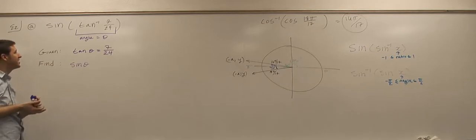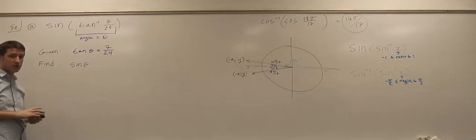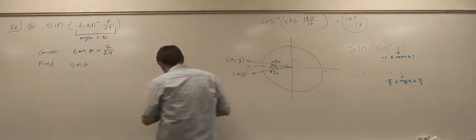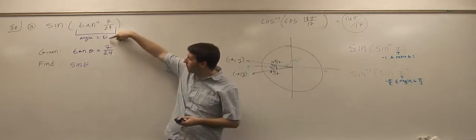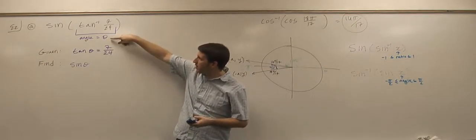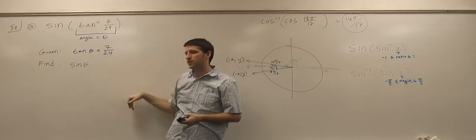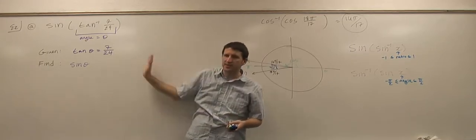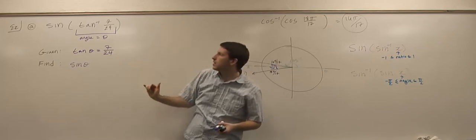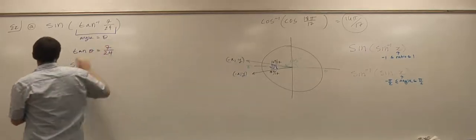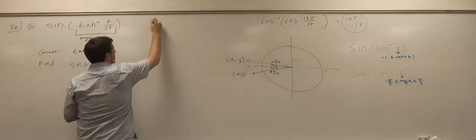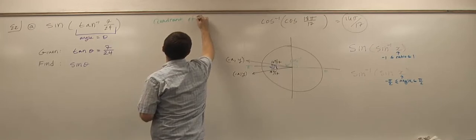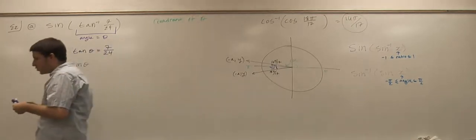You have to be careful about the quadrant. Before I draw this triangle, I need to figure out whether my angle is in quadrant 1, 2, 3, or 4, because if it's in quadrant 2, I get negative signs different than if it's in quadrant 1 or 4. So the quadrant of theta comes down to two things.